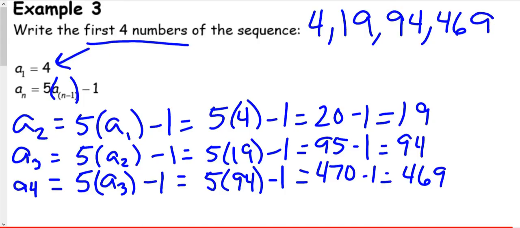So believe it or not, there is a pattern there, and our rule for that pattern is right here. Okay, so we're just following that. It's kind of like when you were evaluating a function. You're plugging something in, and you have to figure it out.